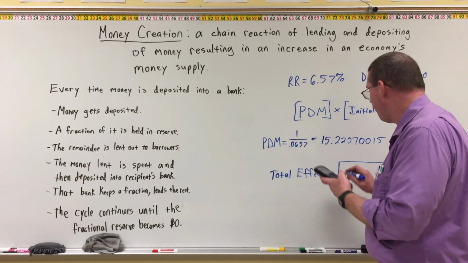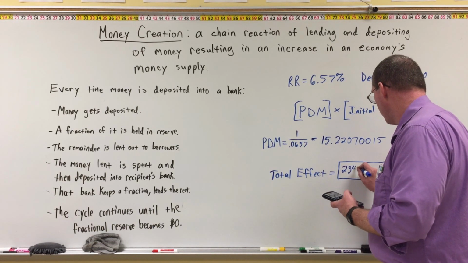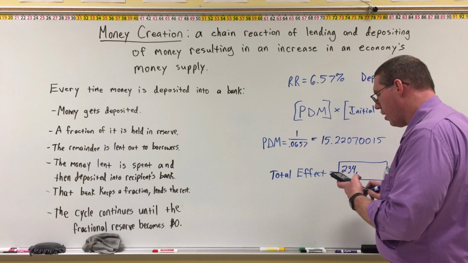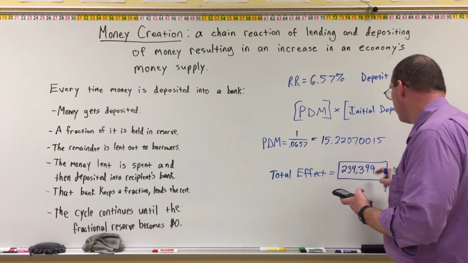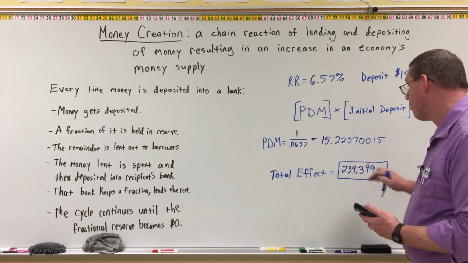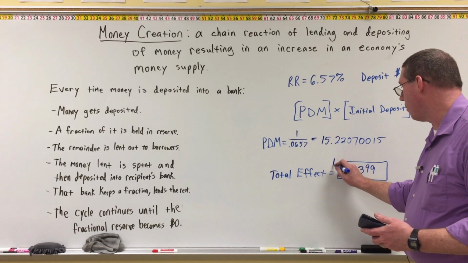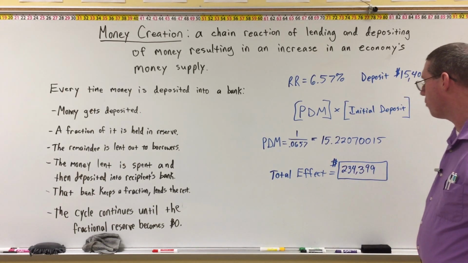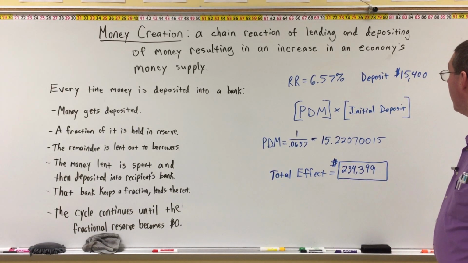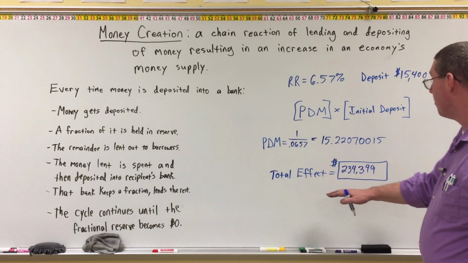I get 234,398.7. So I'm going to go 399. I'm going to go to the nearest dollar, the nearest whole number. Now there would probably be a dollar sign out here, and so the total effect is going to be 234,399. And that would be the total effect on the money supply.